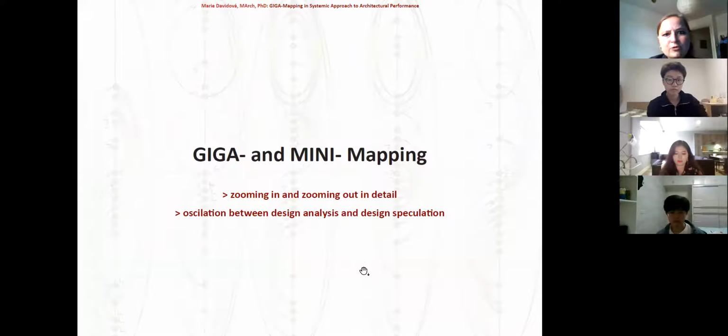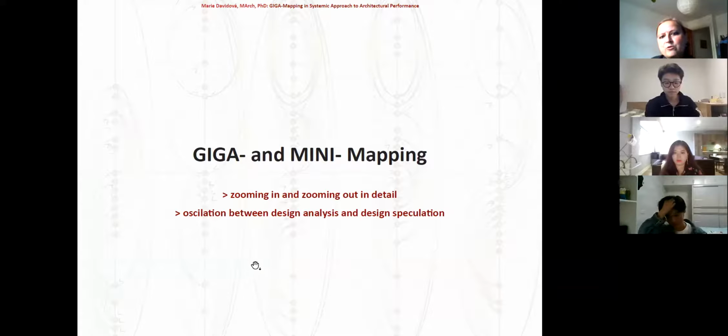So just to conclude, Giga and mini mapping is zooming in and zooming out of the detail. So you map the holistic picture, and at the same time you can zoom into some very small detail. And it is an oscillation between design analysis and design speculation.